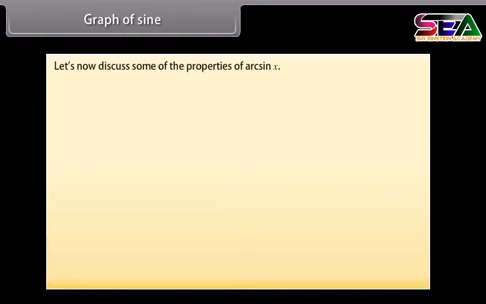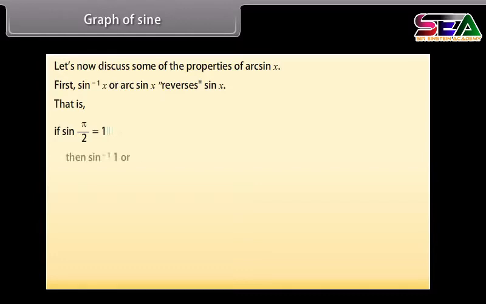Let's now discuss some of the properties of arc sine x. First, sine inverse x or arc sine x reverses sine x. That is, if sine pi by 2 is equal to 1, then sine inverse 1 or arc sine 1 is equal to pi by 2.